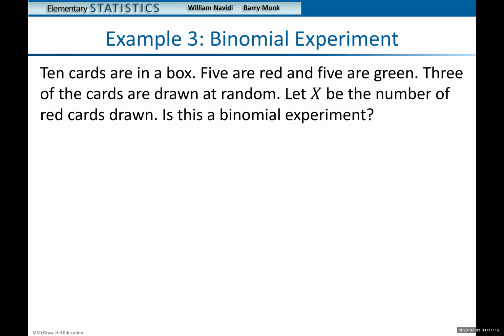Is this a binomial experiment? Will you always get the same probability of success?